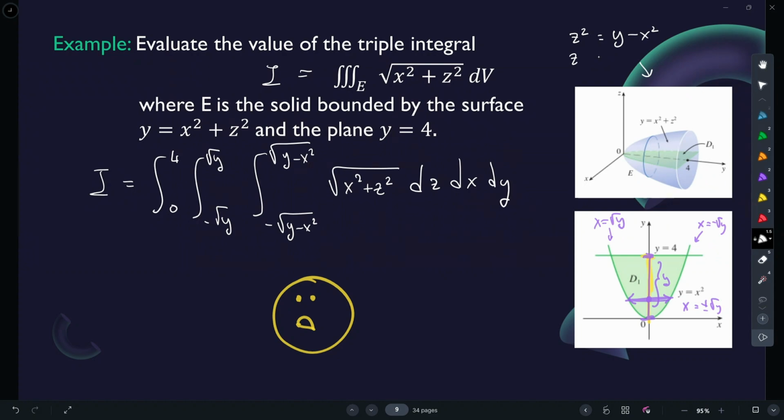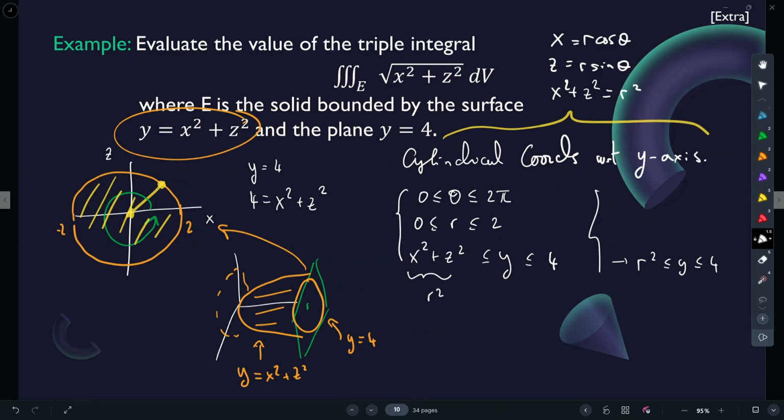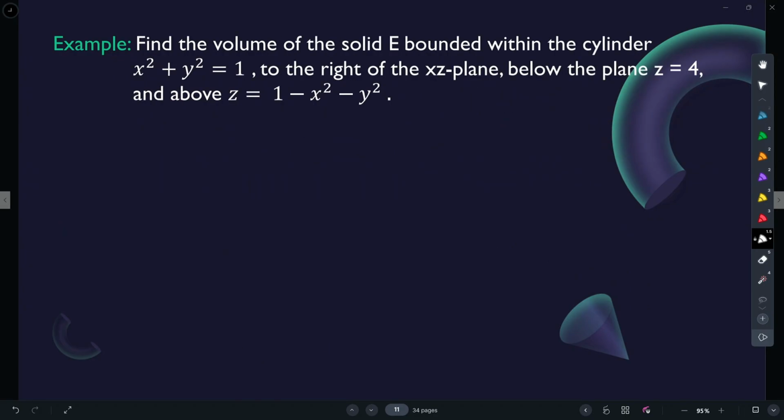So the z goes from plus or minus the square root of y minus x squared. So it is between those two functions of x and y. So now we have something like x and y, and two functions of x and y that are bounding my object. Great. So now I have those bounds, and I can set up my integral.